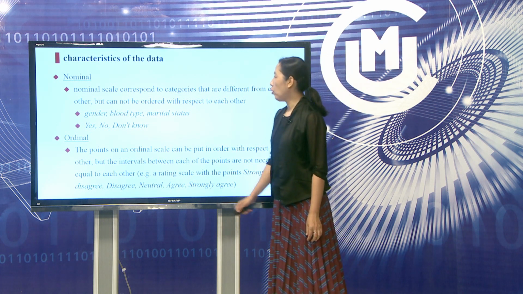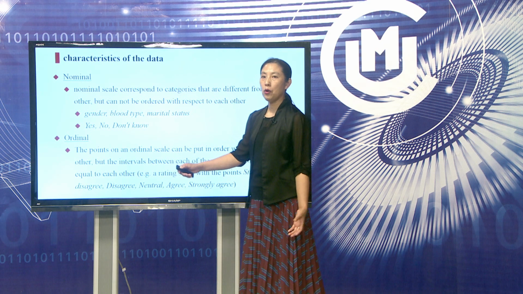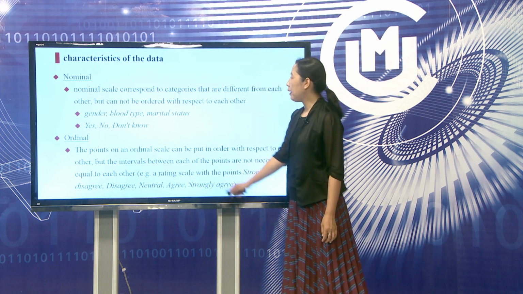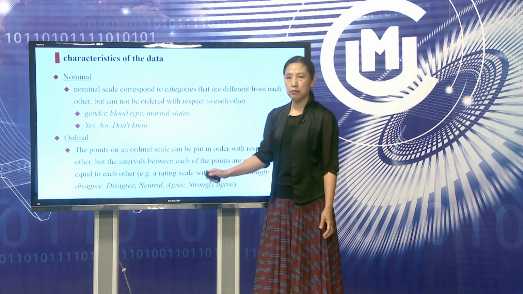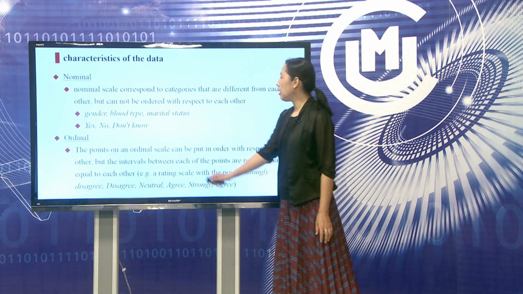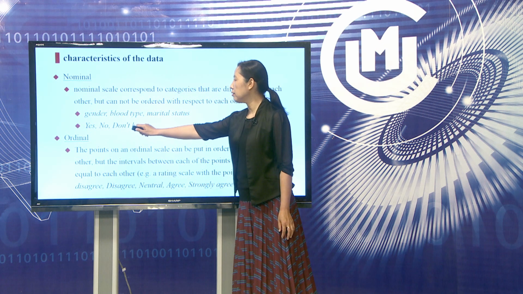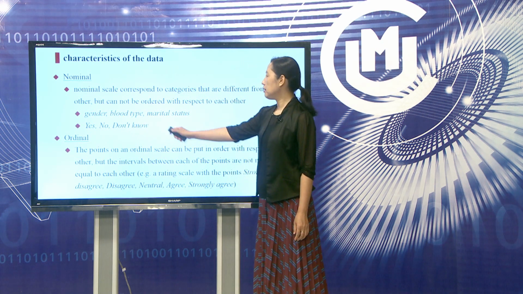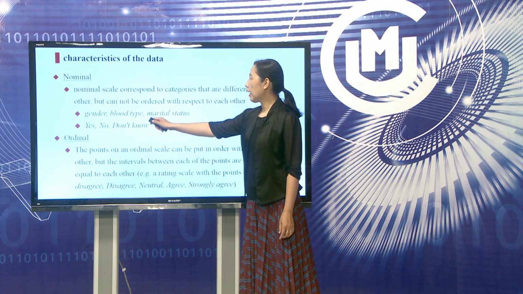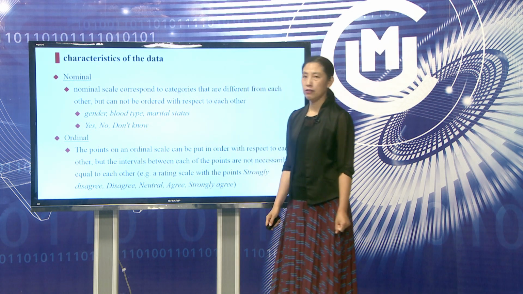For example, gender: there's no order, only male and female. And blood type, marriage status, you can see the difference, but there is no order. And sometimes the answer to the question is yes, no, or don't know. So this kind of thing can be considered as nominal data.